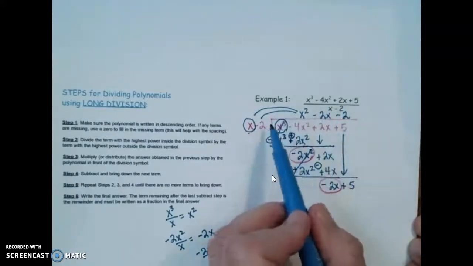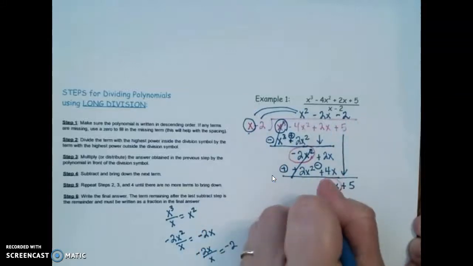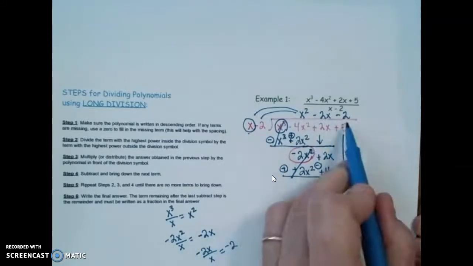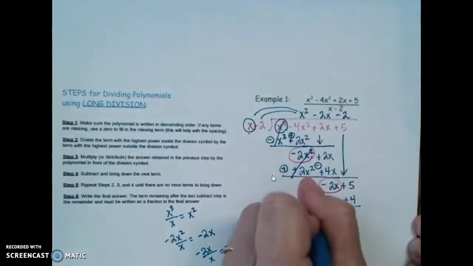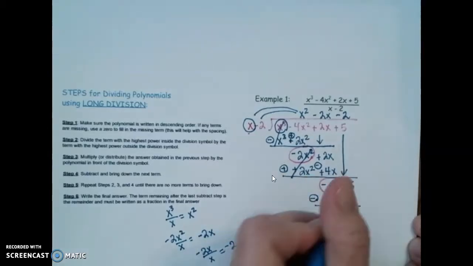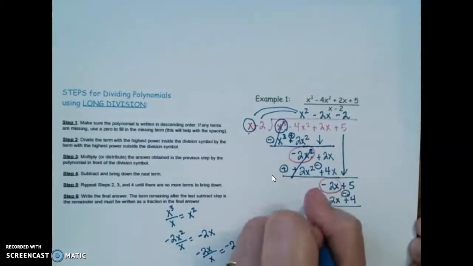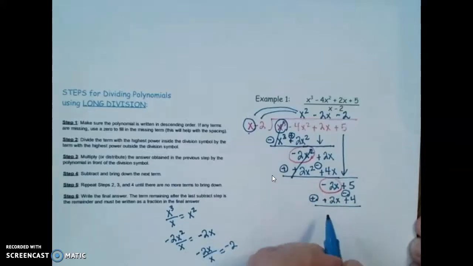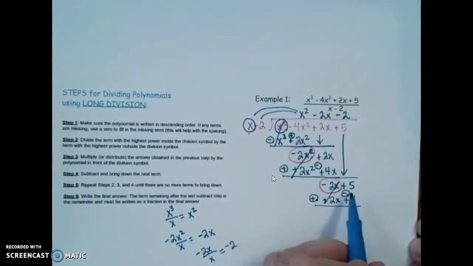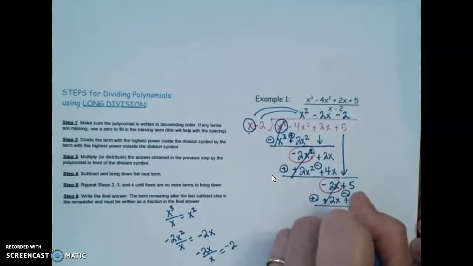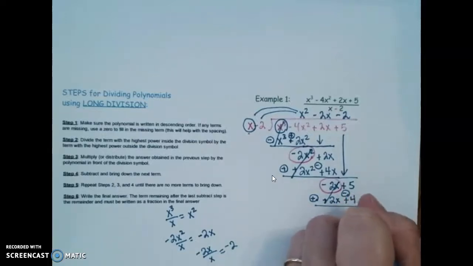So now you're going to distribute. So negative 2 times x is negative 2x. Negative 2 times negative 2 is positive 4. Subtract everywhere. So two negatives are going to make a positive. So negative 2x plus 2x, those are going to cancel. And then you have 5 minus 4, which is going to give us 1 as our remainder.